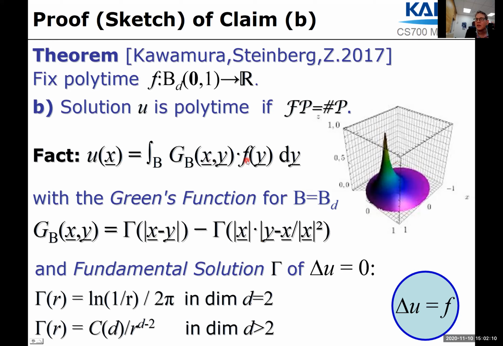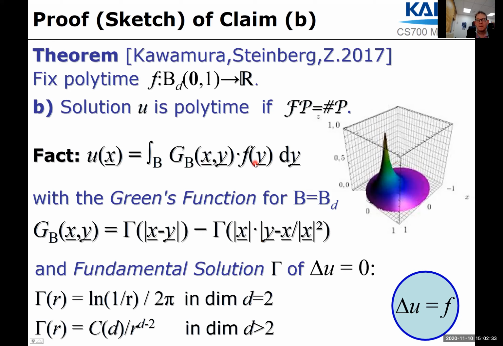So this is not even a Riemann integral, it's an improper integral because you see here for r equals 0, here in dimension 2 and in dimension 3, in every dimension except for 1, there's a singularity when x is equal to y. There's a division by 0 basically, right?